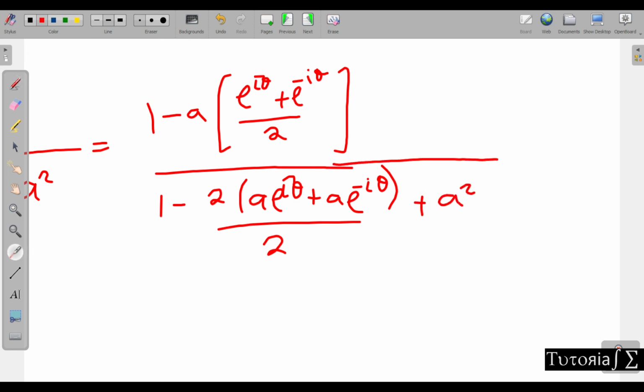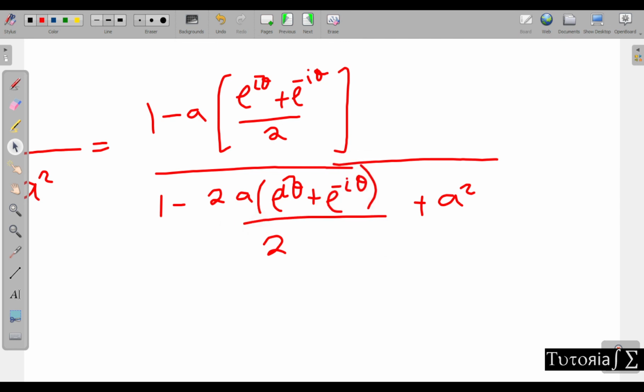Okay. So on top, you see this. So here we can also factor out the a. So when we factor out the a, what will remain is this. Okay. When we factor out the a, what will remain is that. So what is this? This is cos theta.